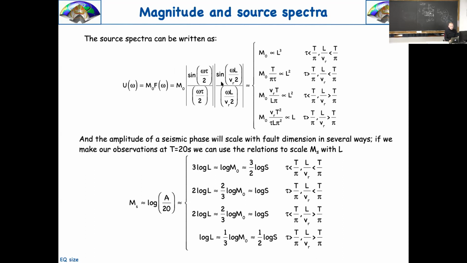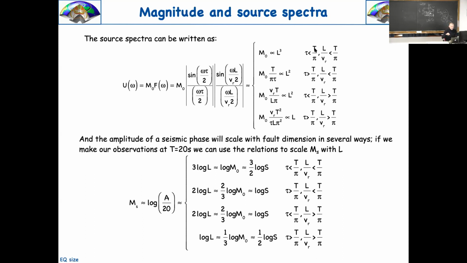So now, using that definition, we can separate the different behaviors of these sinc functions using the fact that the rise time or the rupture time are smaller or larger than that value T. Now T, capital T here, is omega.